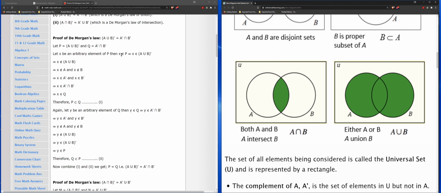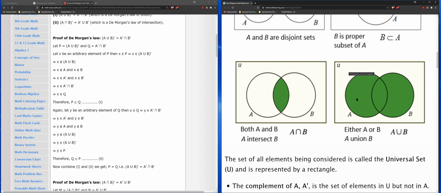So if X is an element of A union B complement, it means it's outside over here.